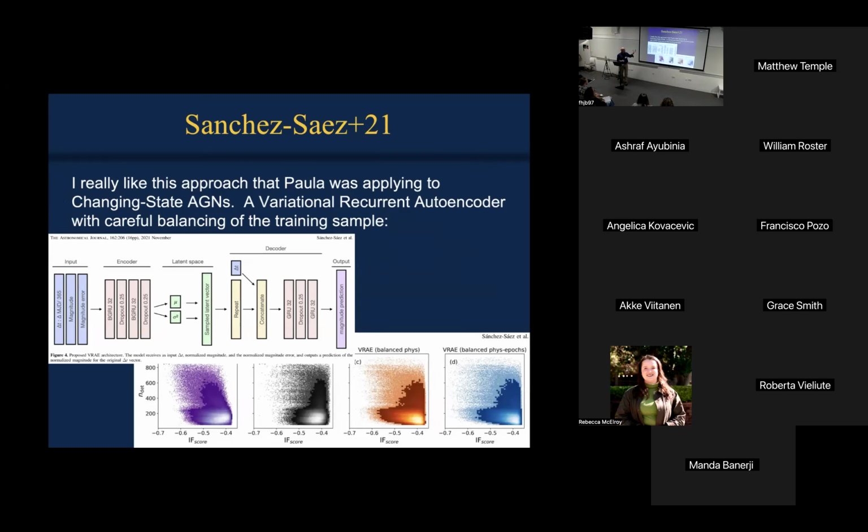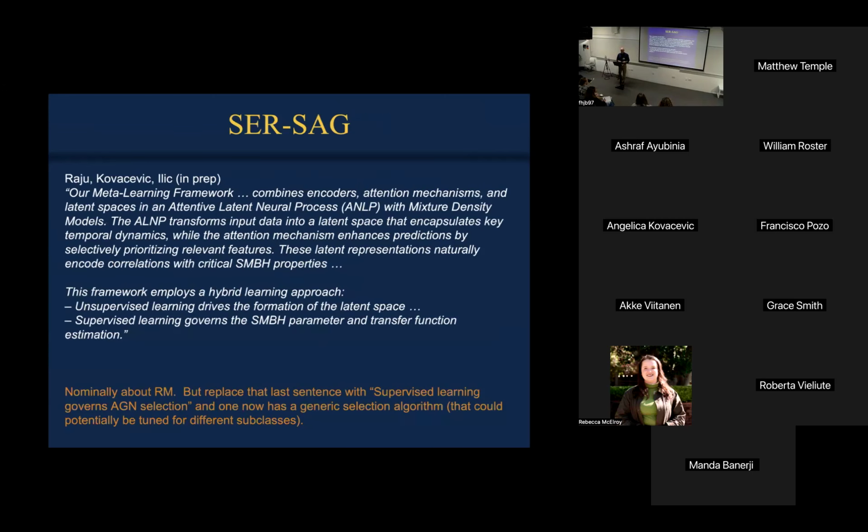I really like this approach that Paula was applying to changing state AGNs, this variational recurrent autoencoder with careful balancing of the training sample. I think that's the kind of thing that works well just for AGN selection in general. So I love the idea of trying to apply that to a broader sample of objects.